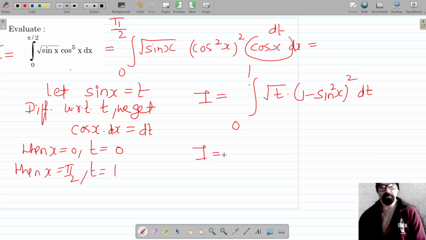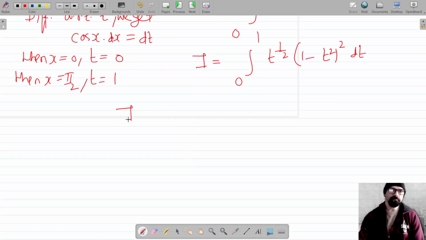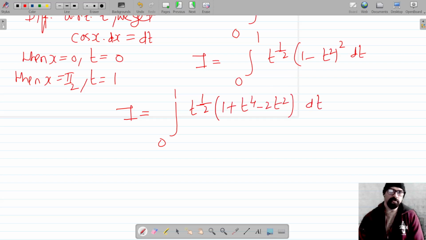So this becomes I is equal to integral 0 to 1, t raised to the power half, 1 minus t square, the whole square, into dt. Which becomes I is equal to the integration 0 to 1, t raised to the power half, and this is a minus b the whole square, so this is a square plus b square minus 2 into a into b, into dt.